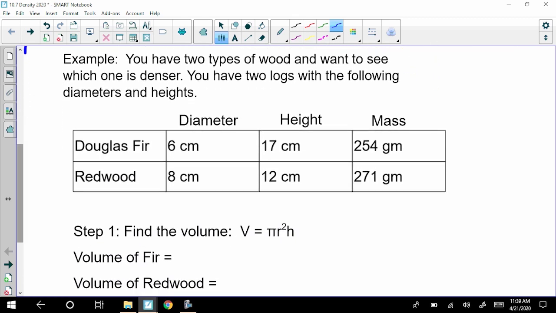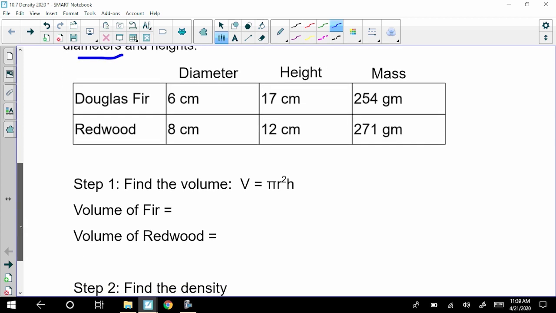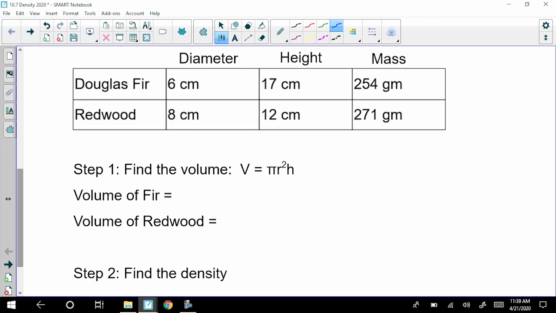So we have two types of wood and want to see which one is denser. You have two logs with the following diameters and heights. Notice diameters, and we want to figure out the density. So the first thing we need to do is to figure out the volume. Volume of the fir: the formula is pi r squared h, as we did last week.